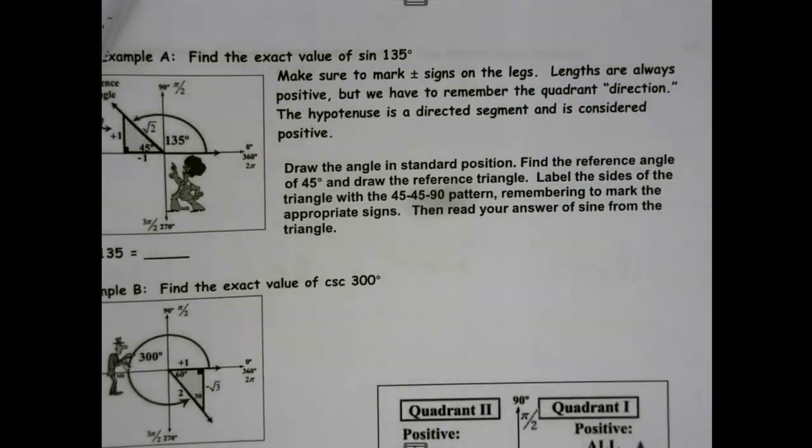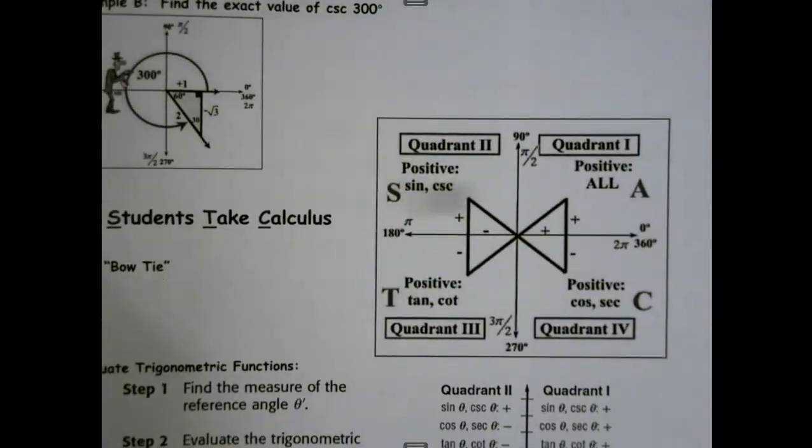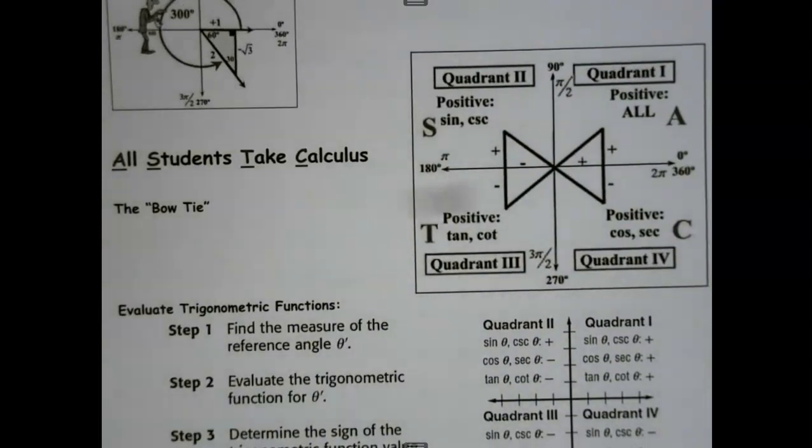Okay. Instead of, again, going through all the different pictures and things, which are good, they're solid, they're nice to have, but here's the thing. We want to keep this simple again. So I'm going to roll down a little ways here, to this little chart here. All right, the quadrant chart. All students take calculus.